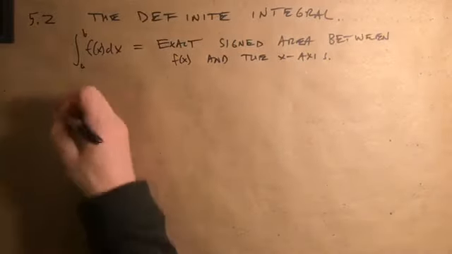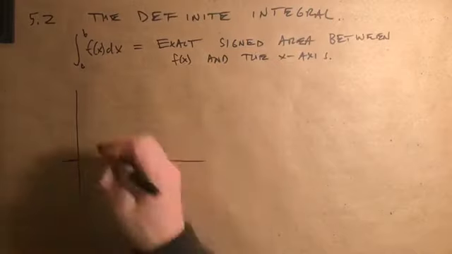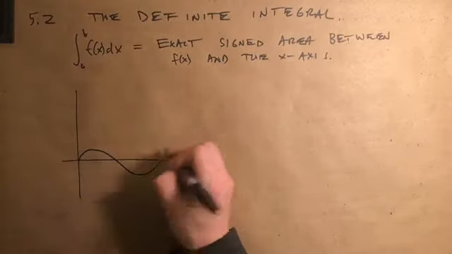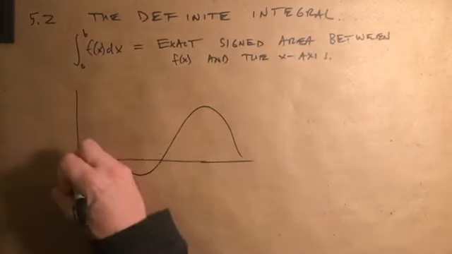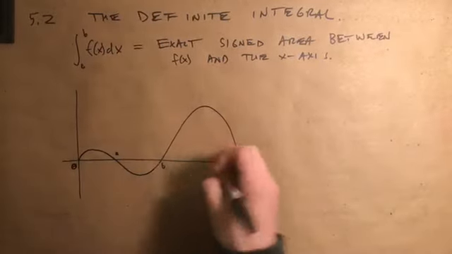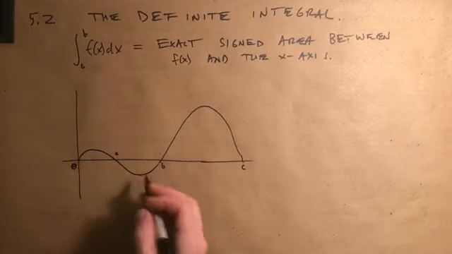And what I'd like to do is just one little example here. Let's have this be 0, a, b, and c. Fine. And I'm going to let you know a couple things.